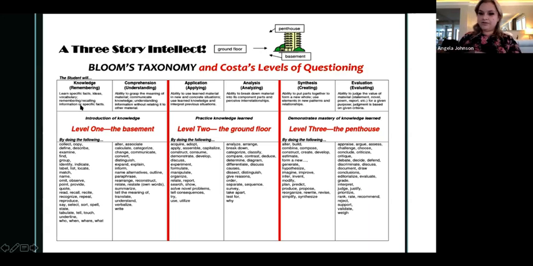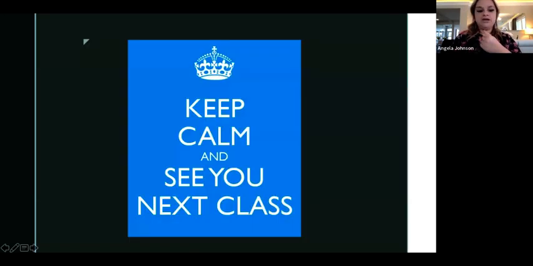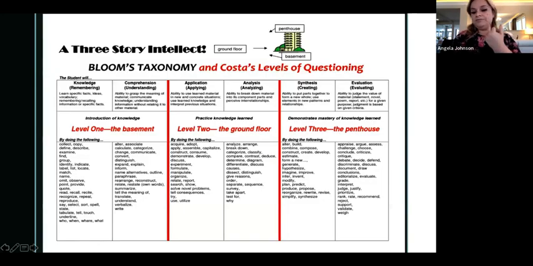That would be something you could easily find in a textbook, versus something higher level, where you could say, create a chart comparing and contrasting.